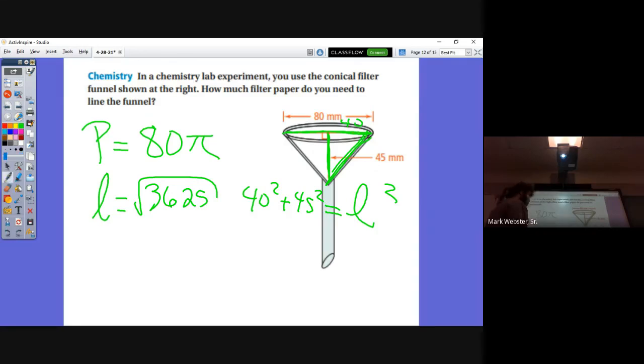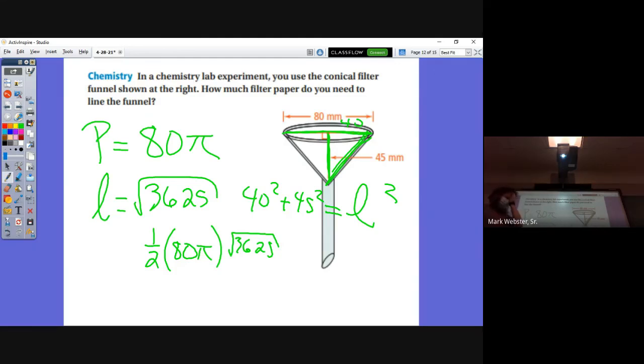But anyway, we just do 1/2 times the perimeter times the slant height. We get our answer, which is... You need me to check? Yes, please. I feel like you could do that all in your head. Me? No. Because radical 3625 is not a perfect square. So I would be sitting here doing like, do you want it in terms of pi, or do you want just the full answer?